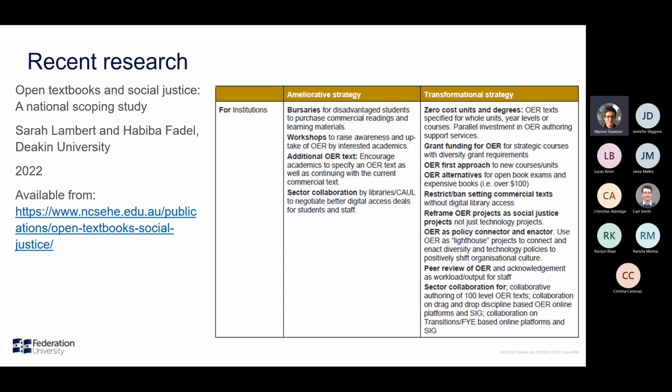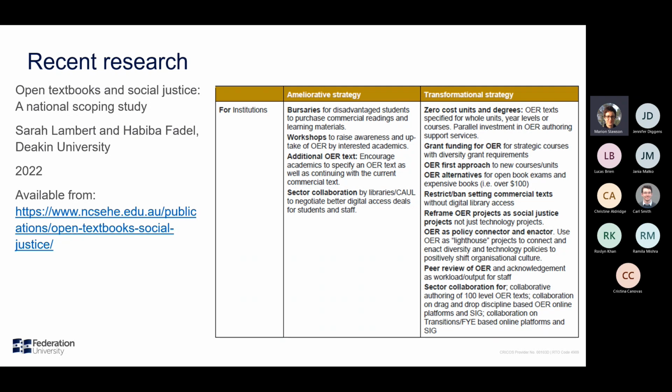And I just wanted to point out some really recent research that was published just this year. This publication from a couple of academics at Deakin, who were funded by the National Centre for Student Equity in Higher Education, really does a lot of research into improving equity within higher education.